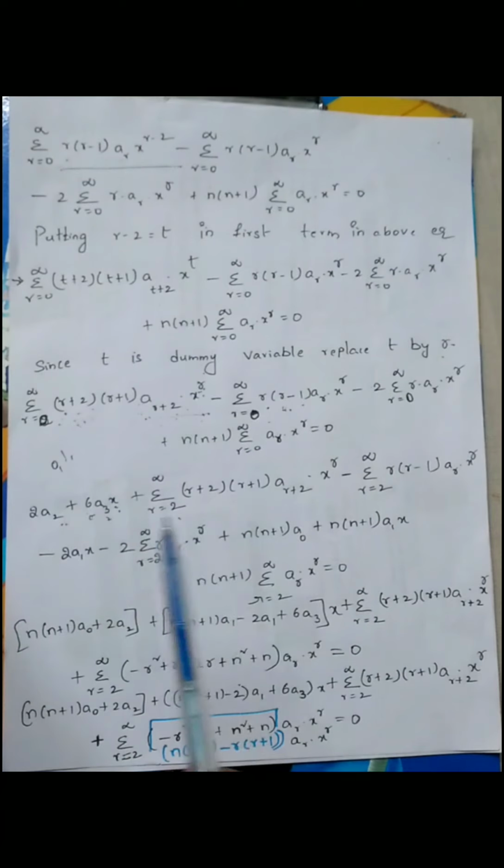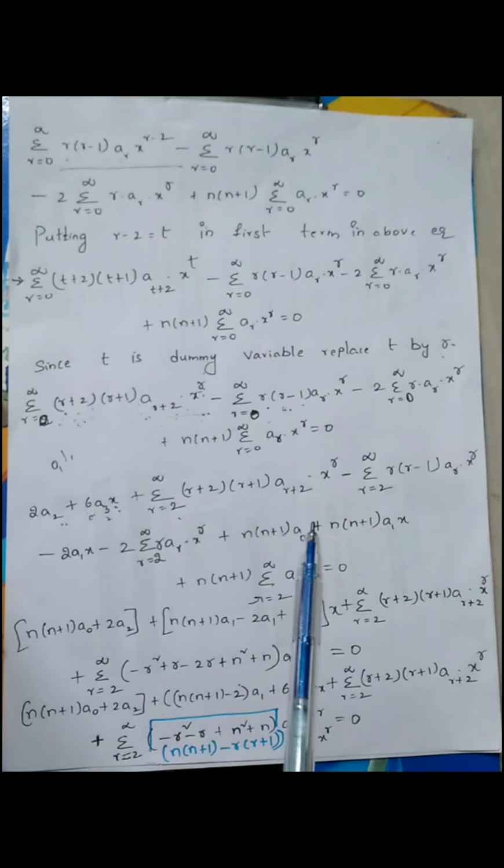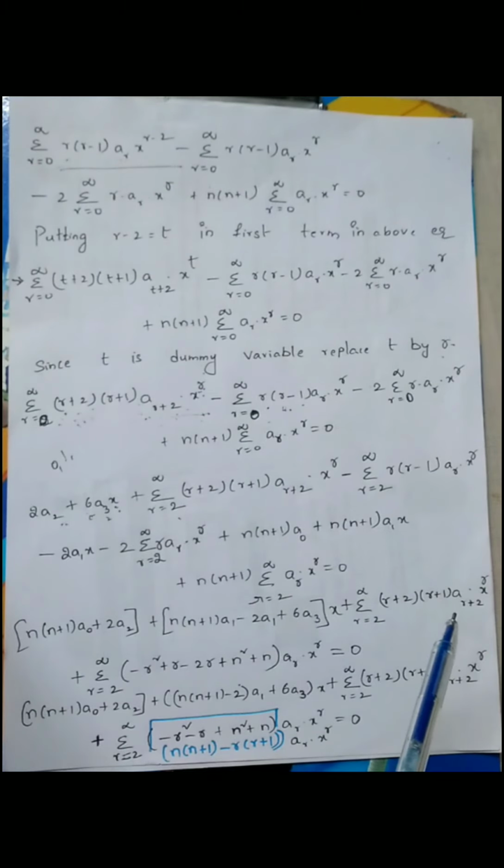Next we write this term, r equals 2 to infinity (r plus 2)(r plus 1) a(r plus 2) x power r. And finally we take common a r into x power r.